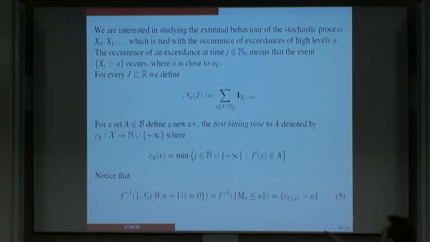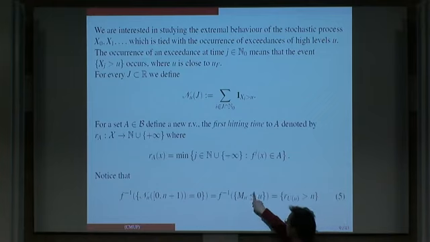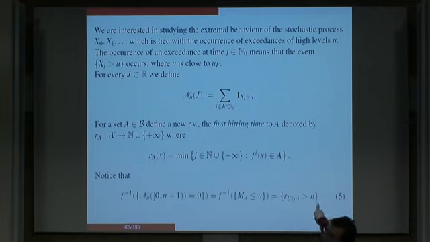So basically you are saying that if my observations are always below this threshold, then I'm always outside of this set, and so the first hitting time to this set must be larger than n.